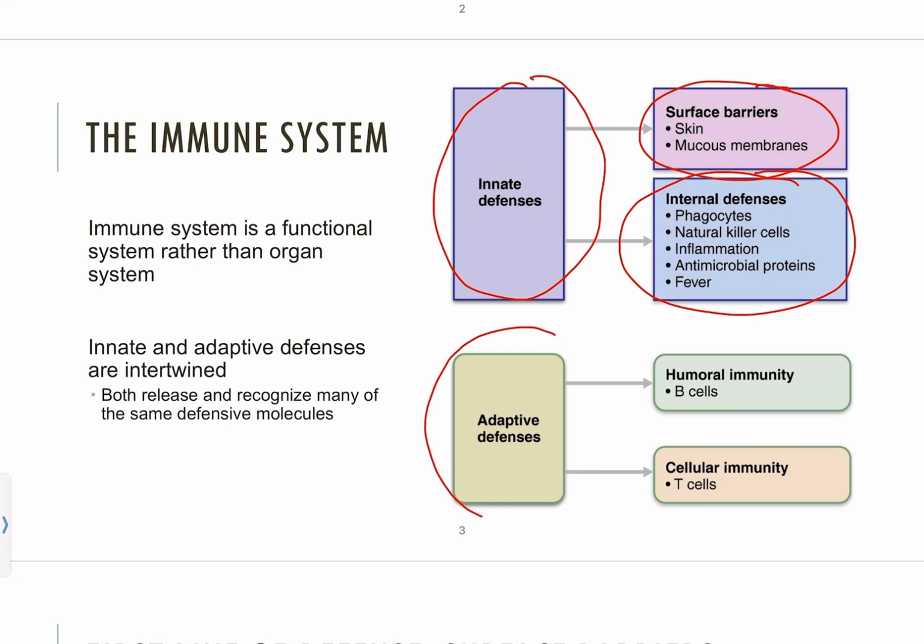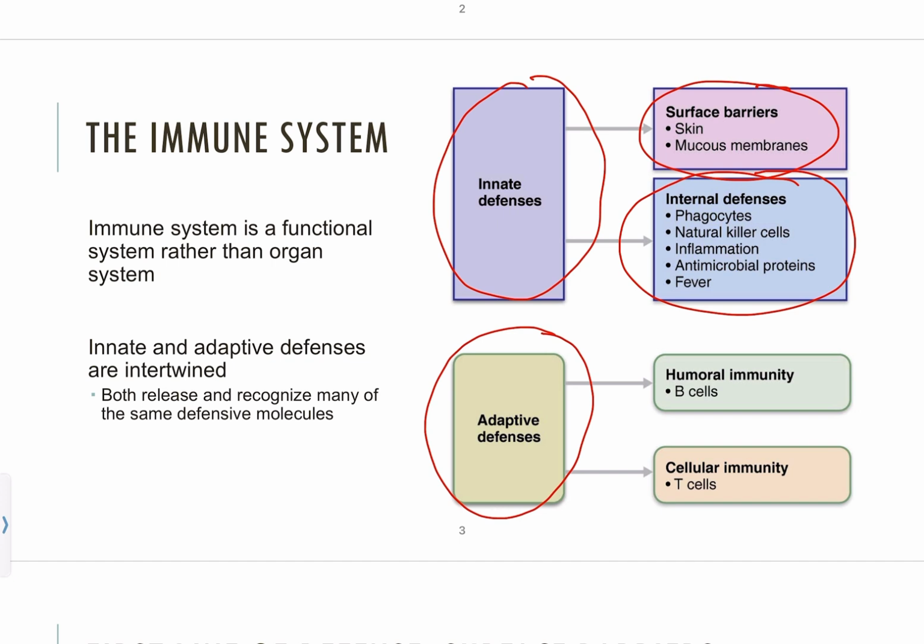Adaptive defenses is our very specific defense, and it's going to incorporate two different types of immunity. So we'll have humoral immunity, which is going to include our B lymphocytes, and then cellular immunity, which is going to include our T lymphocytes. Again, even though they're discussed separately, these two, the innate and adaptive defense systems, are intertwined, and you'll see them working together hand in hand.